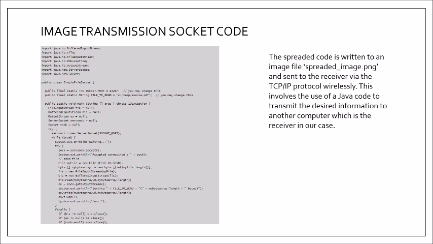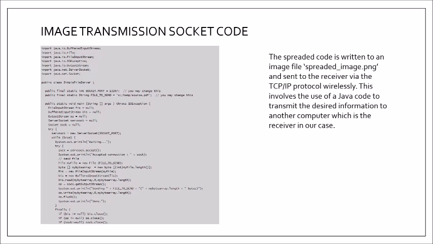Image transmission socket code. This code enables us to send our spread code from our port to another computer. The spread code is written to an image file called spreadedimage.png, and it is sent to the receiver via the TCP/IP protocol wirelessly.